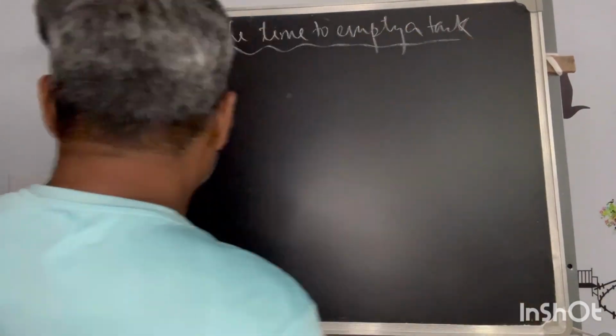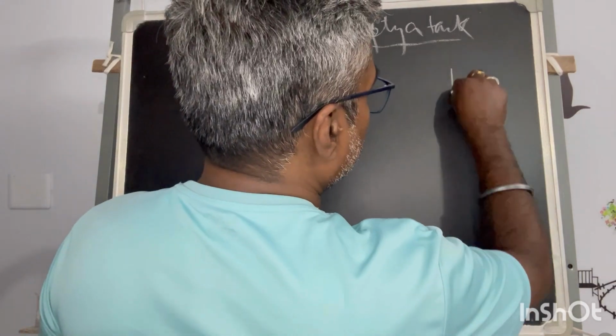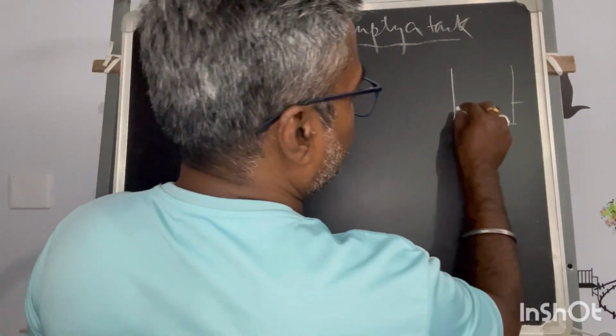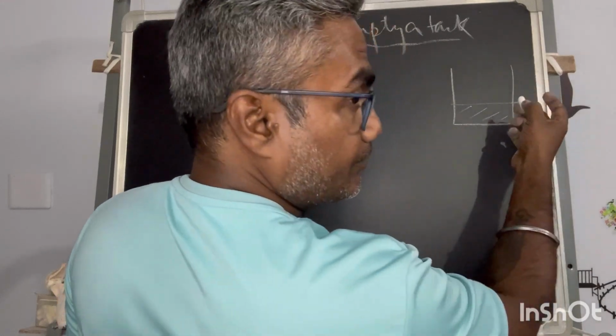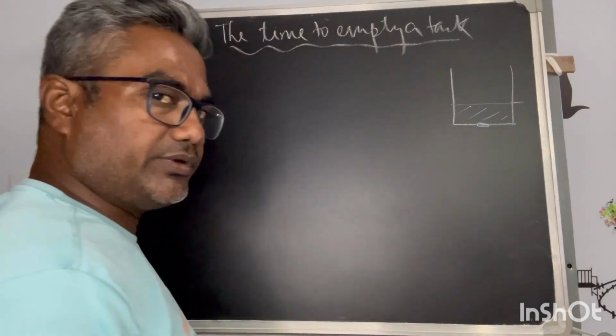Okay, so now to empty a tank, you can understand easily from your common sense that if the tapping is at some height, you cannot evacuate completely because there will be a dead stock always below the tapping. So what you need is a hole at the bottom of the tank only.